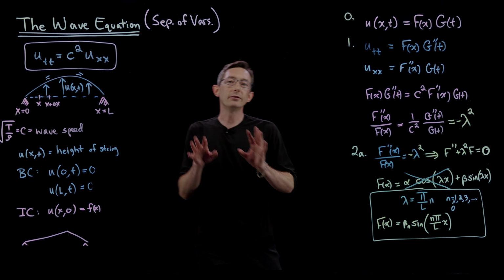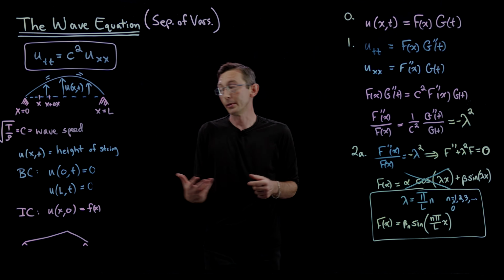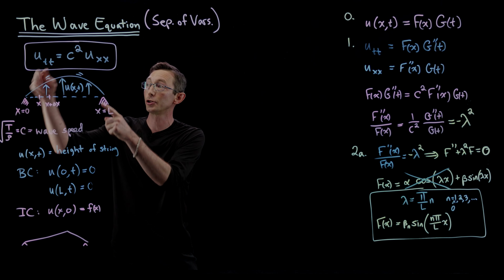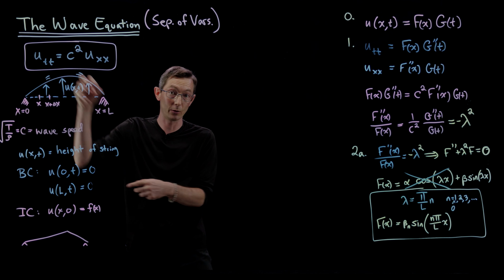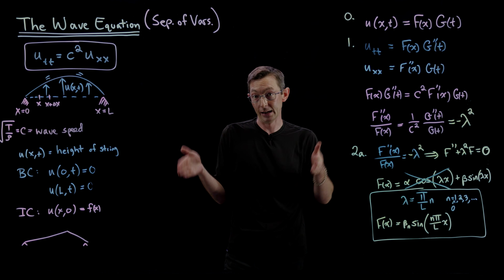Good. And so we've done two super important things here in this step. We have determined that the only spatial solutions to this partial differential equation can only be built out of sine functions in x.